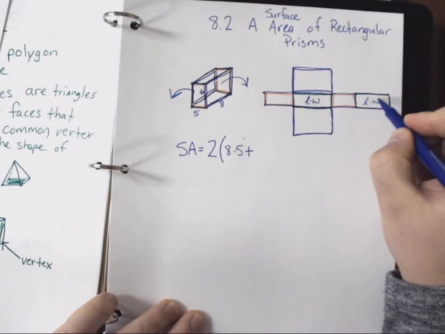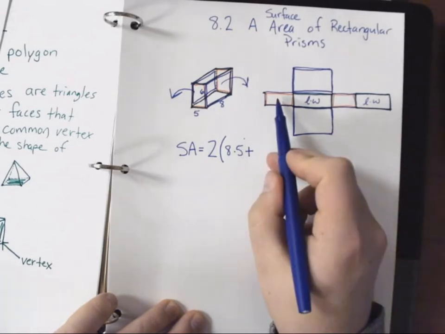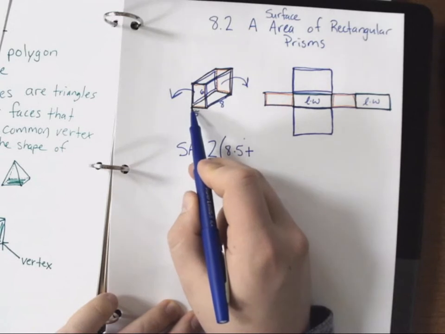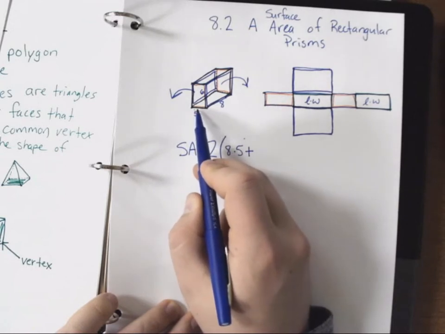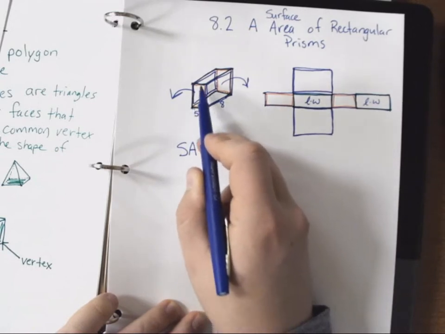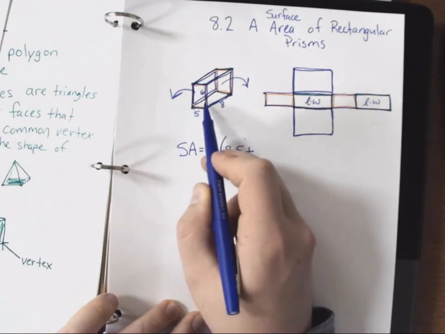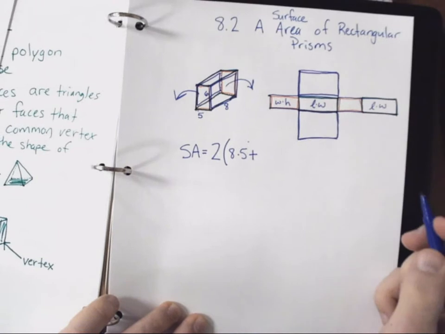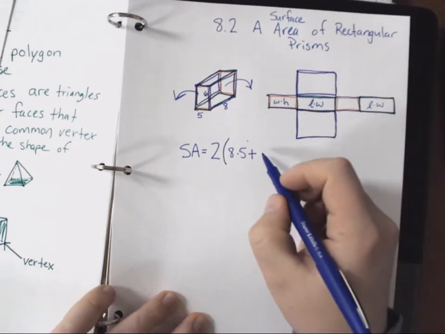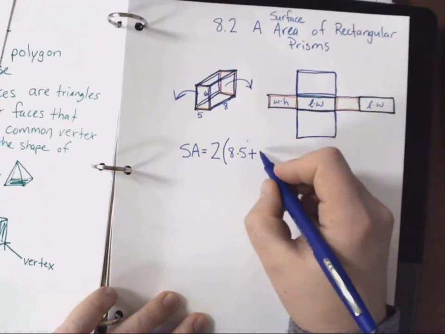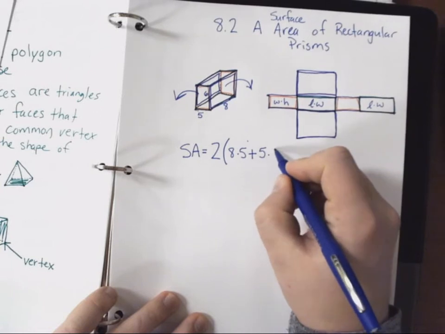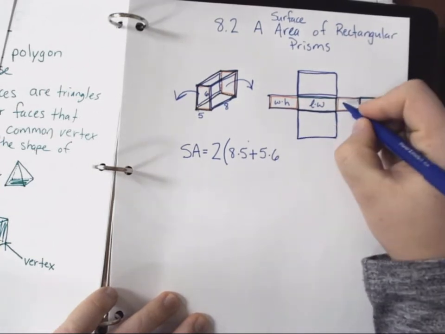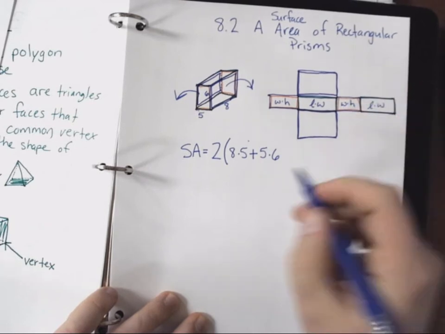Now this one here on our two ends is going to be the area of our width and height. If you look where it is on our shape, this is going to be our width times height. So we're going to say this will be 5 times 6, width times height.